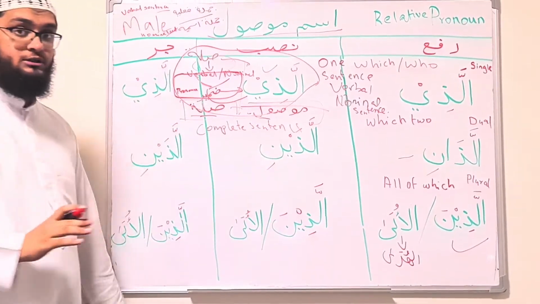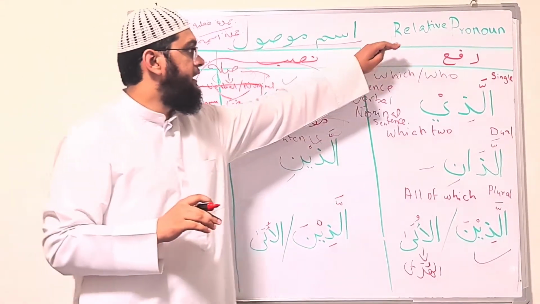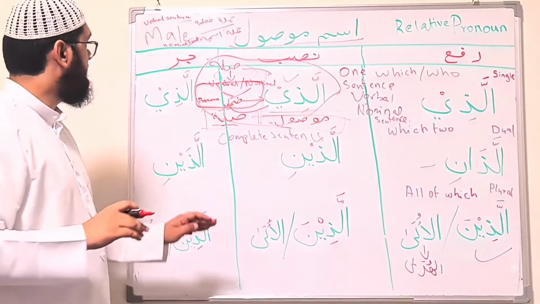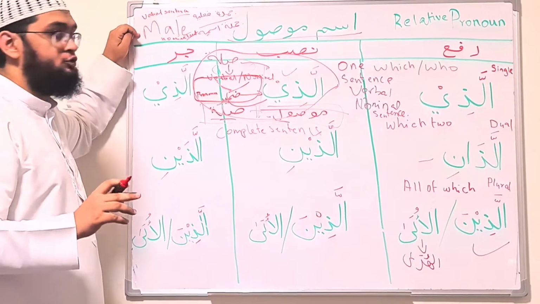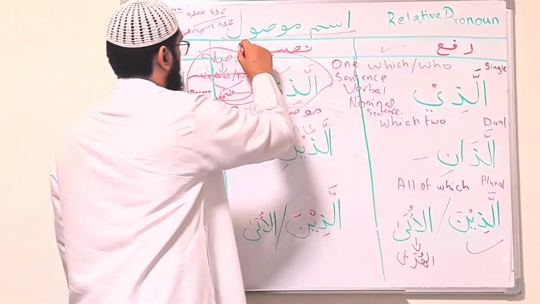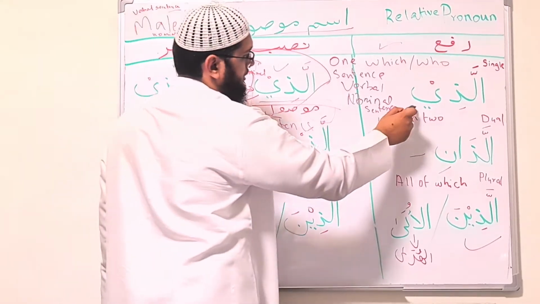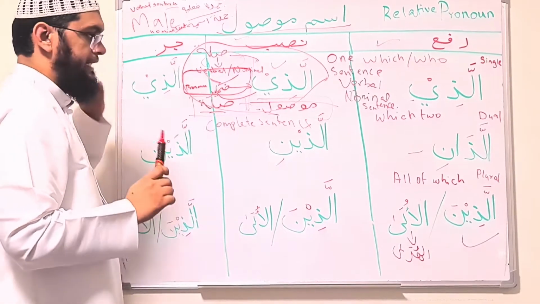So in this video, just to recap what we have studied: we have ism mawsool that we call relative pronoun, and we are discussing the relative pronouns in the Arabic language that are used for male. We have three categories: rafa, nasab and jar. In the state of rafa, we have alladhi that follows in nasab and jar as well.